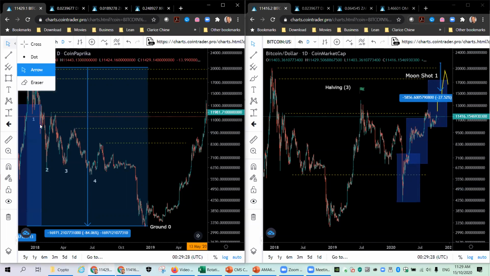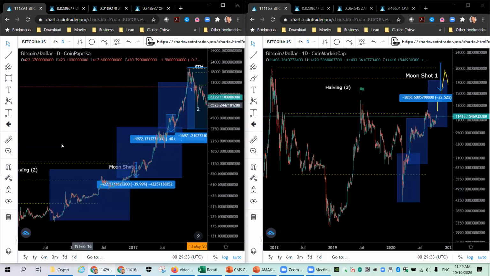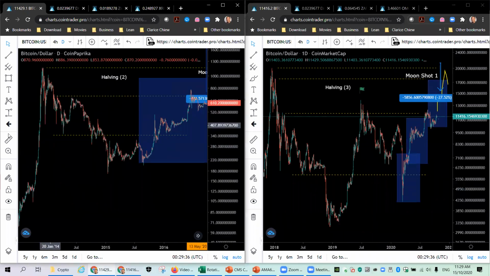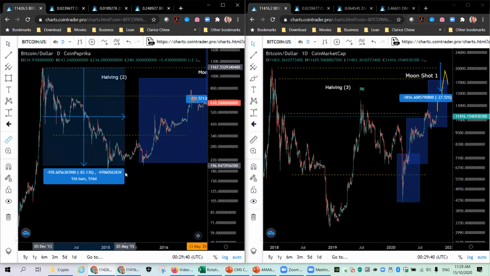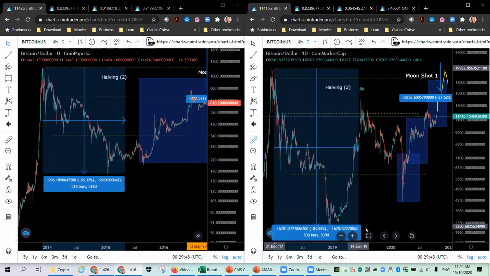How do we know? You can actually measure this across the previous cycles. Take for example, I think in the previous cycle, Bitcoin corrected itself by over 85%, right? So you can see 85%. And this cycle, the correction is slightly lower. It's only up to 83%.